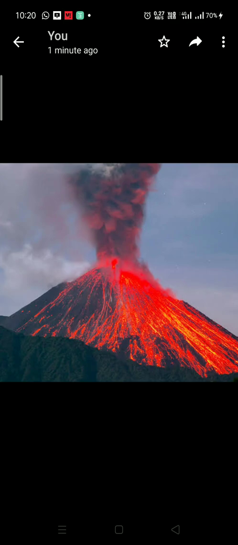This red gaseous poisonous liquid floats on the surface and cools down, and because of the cooling, rocks are formed. Such rocks are called igneous rocks. What are they called? Igneous rocks.